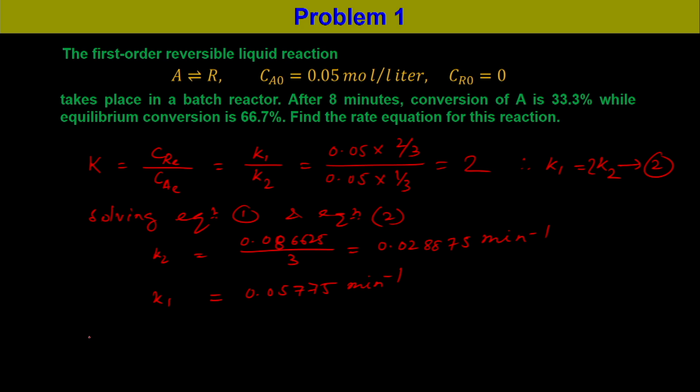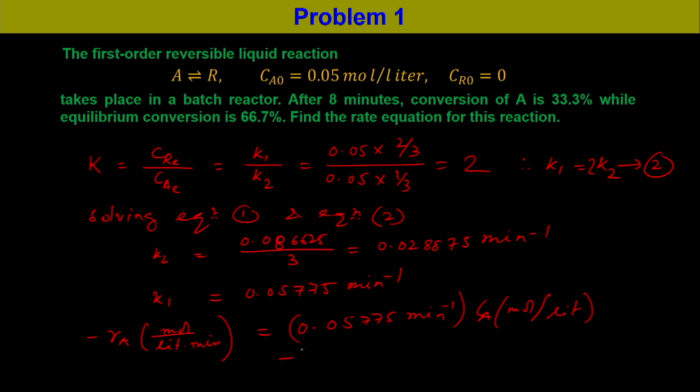as minus rA, in mole per liter minute, would be equal to 0.05775 minute inverse into CA mole per liter, minus K2, K2 is nothing but 0.028875 minute inverse, into CR mole per liter.